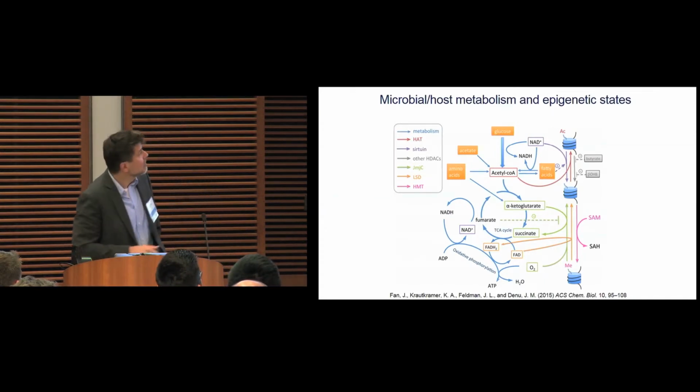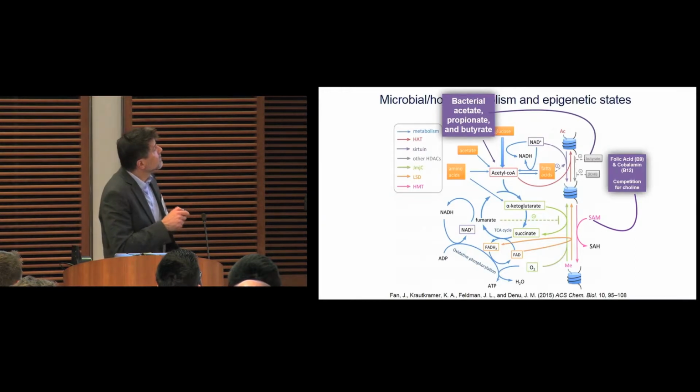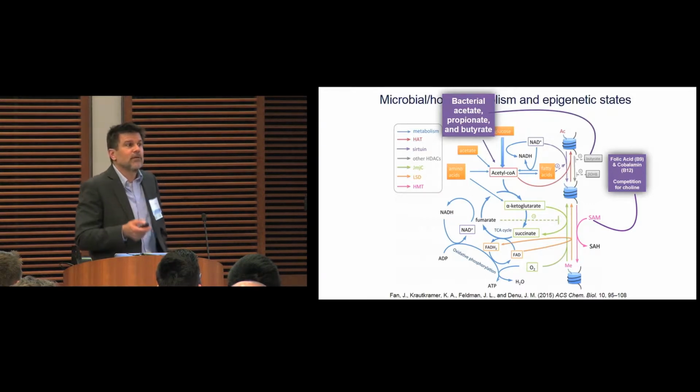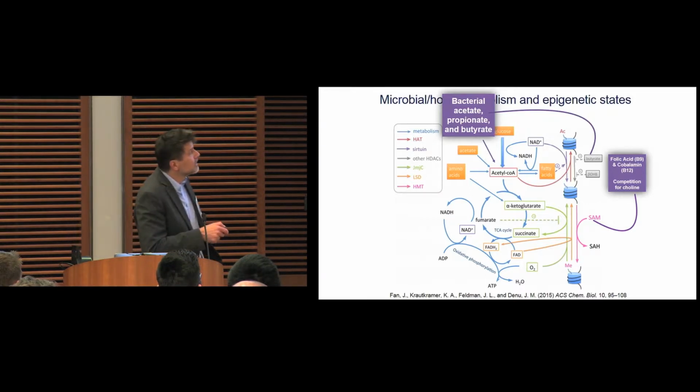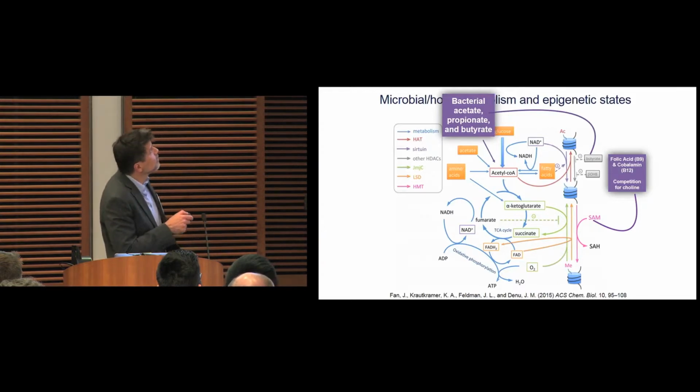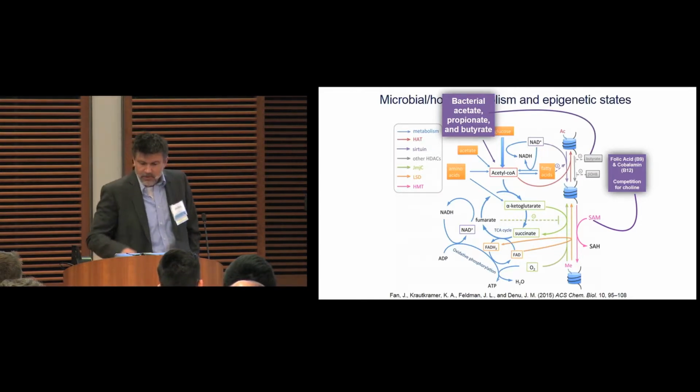Okay, and in fact, some work that we're quite interested in continuing to pursue is the role of the gut microbiome in producing metabolites that are vitamins that are essential for humans, or producing metabolites that are not so much essential but can modulate the epigenome of the host. Things like these short-chain fatty acids.